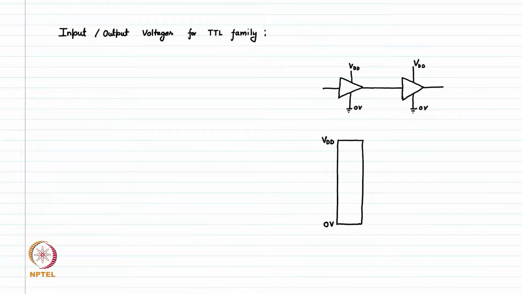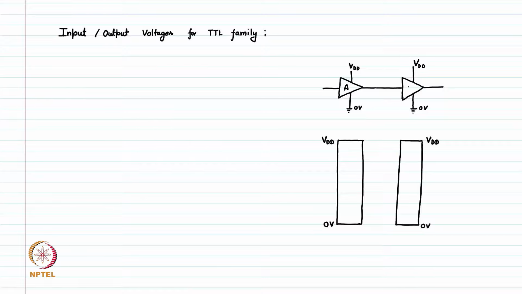for this gate at the output, and then this is the complete voltage window for the other gate. This is also from 0 volt to VDD. So, now we are saying that this gate is driving the other gate.